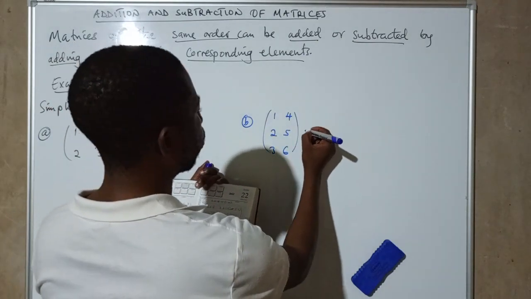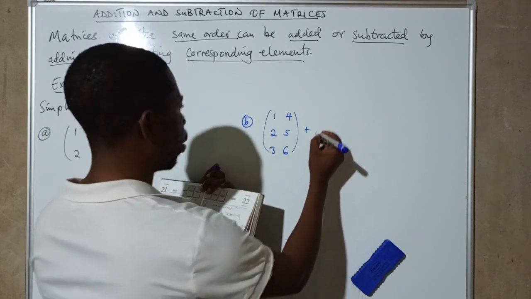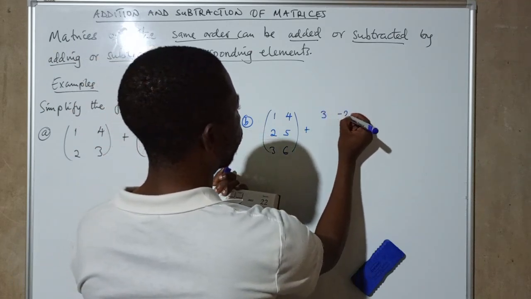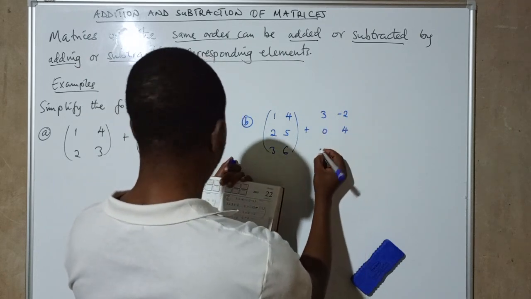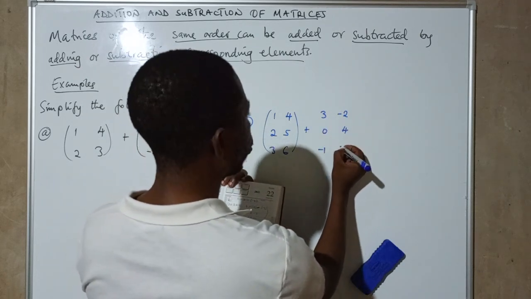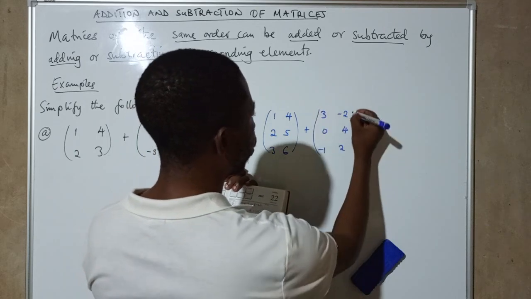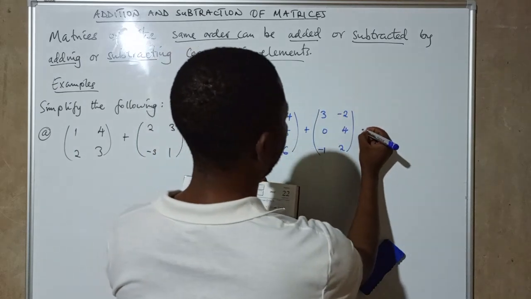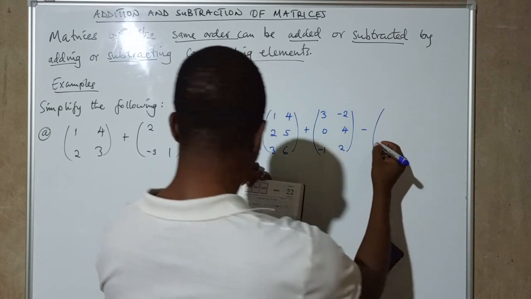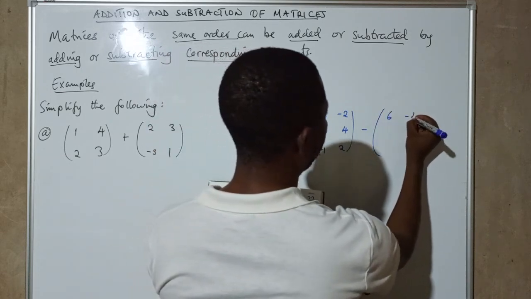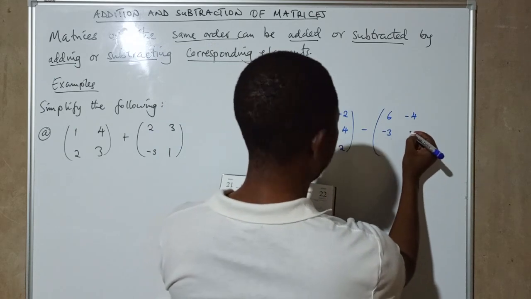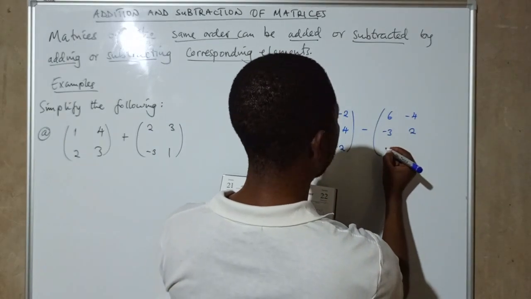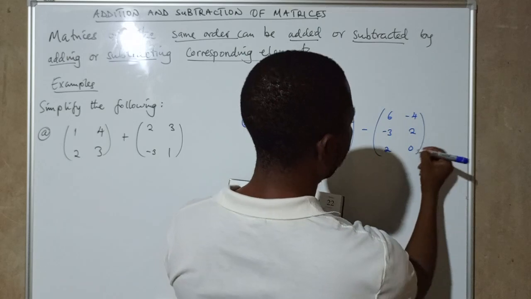Then I'm told plus, then I can have 3, negative 2, then I can have 0, 4, then I can have negative 1, 2, then I do it like that, then minus open brackets, I can have 6, negative 4, then I have negative 3, then 2, then 2, 0.